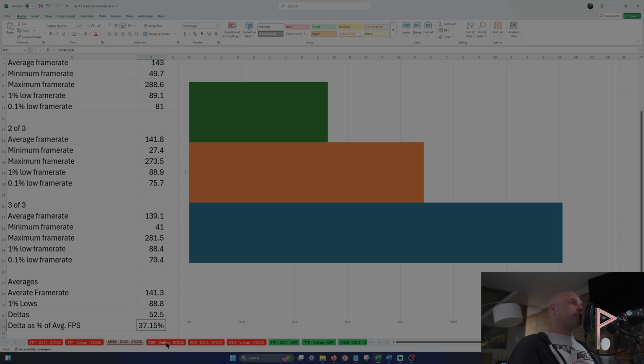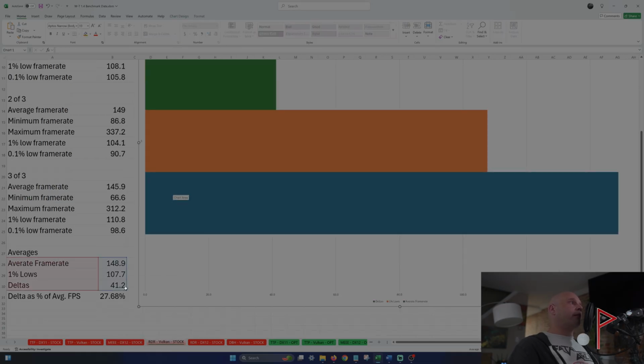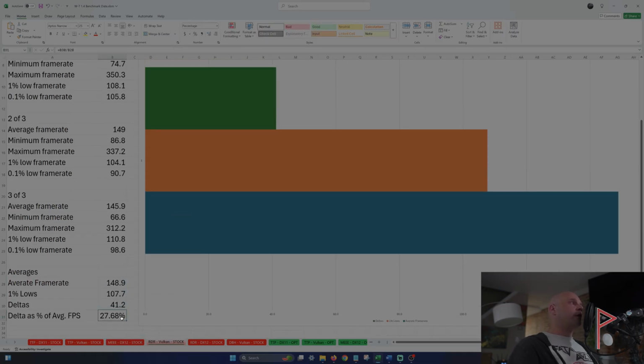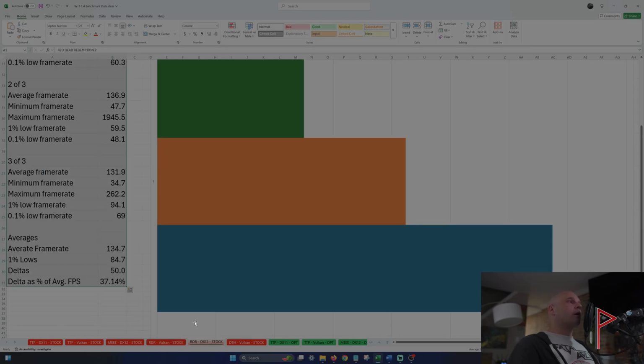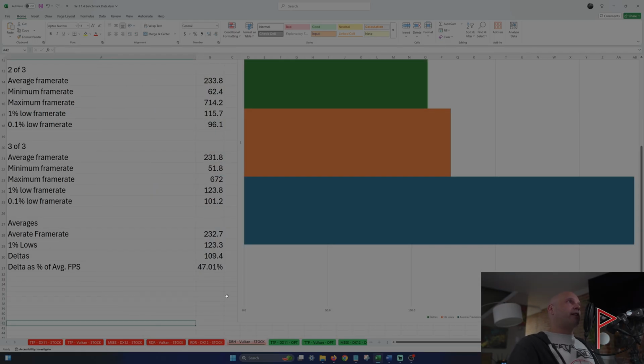Red Dead Redemption 2 in Vulkan at stock settings: close to 30% delta as percentage of average FPS, and about 150 in the average frame rates. Same game, DirectX 12, about 40%, with only slightly lower FPS, around 135 on average.